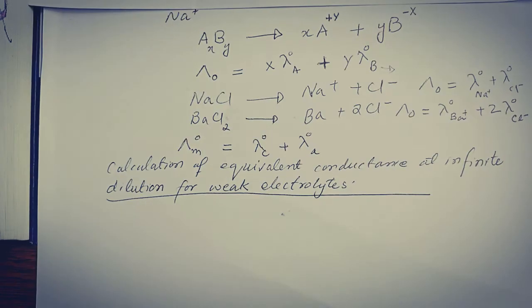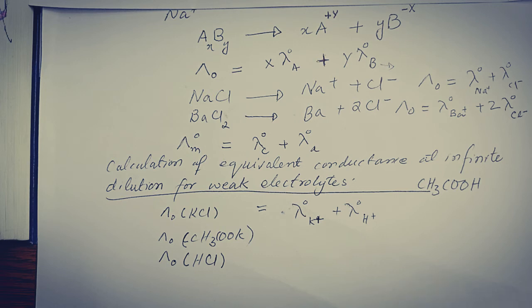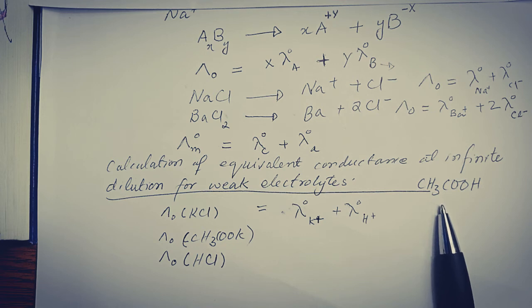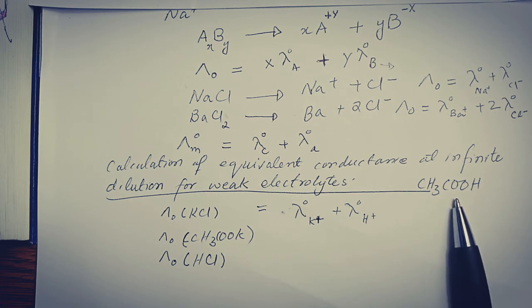So let's see how we can calculate the equivalent conductance of the weak electrolytes at infinite dilution. For this purpose we need to carry out the indirect measurements. For example, for the measurement of the equivalent conductance of the acetic acid at infinite dilution, we need to measure the conductances for the strong electrolytes containing the ionic species which are also present in the weak electrolyte.